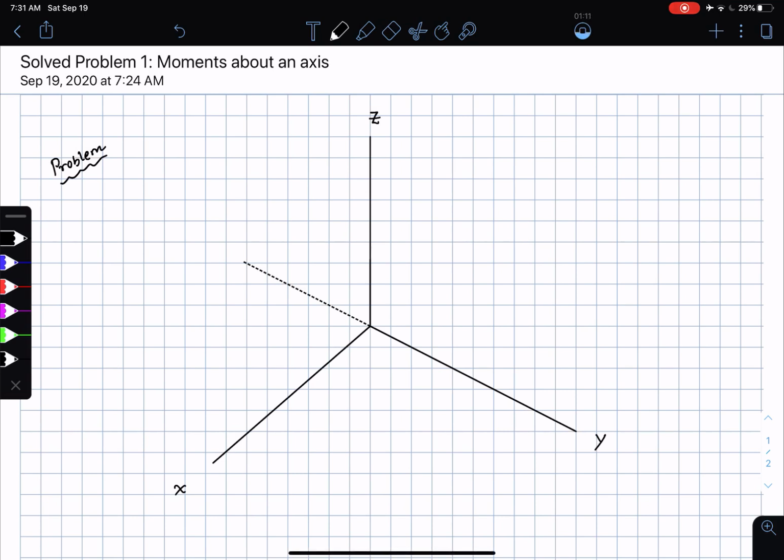Now what I have is a door that is held open by means of a cable. Okay, and here is the door. I'm going to draw the door in a second here. So this door has a certain length along the x-axis, and it is held at an angle with respect to the y-axis. So here is how it's going to look.